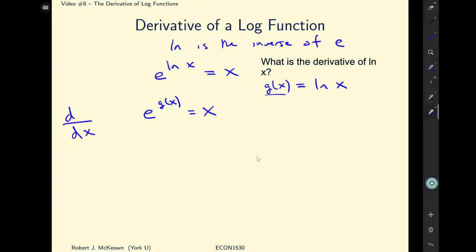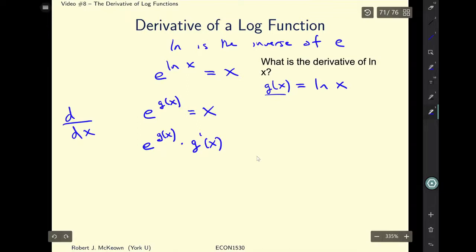And what I'm going to get is e to the g of x, that's the exponent rule, multiplied by g prime of x, that's the chain rule, right? I'm applying the chain rule, so I'm taking the derivative of the outside function, which is the natural exponent, multiplied by the derivative of the inside or interior or kernel function. And this whole thing is going to be equal to 1.